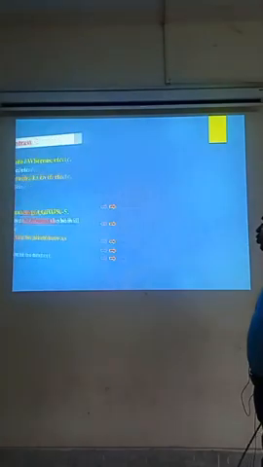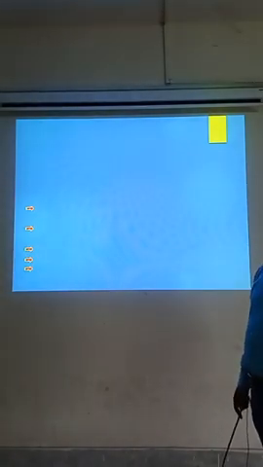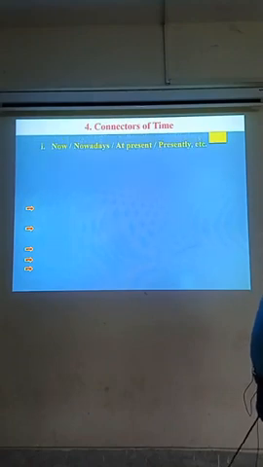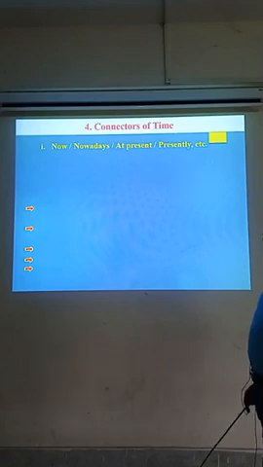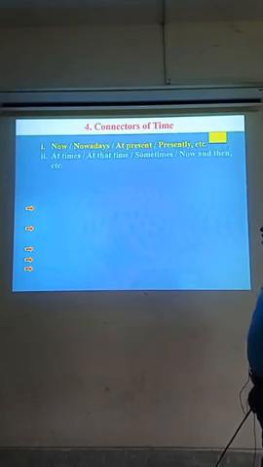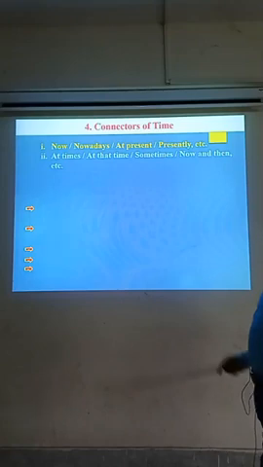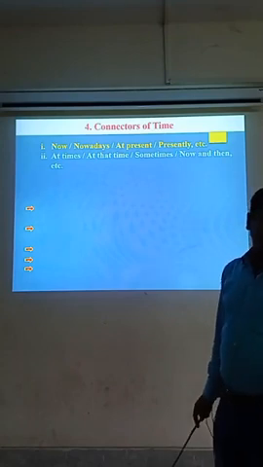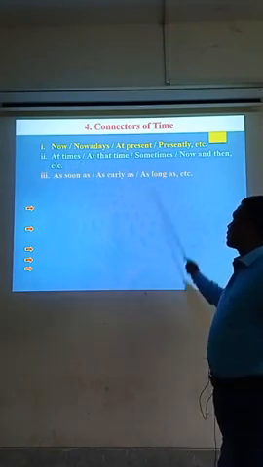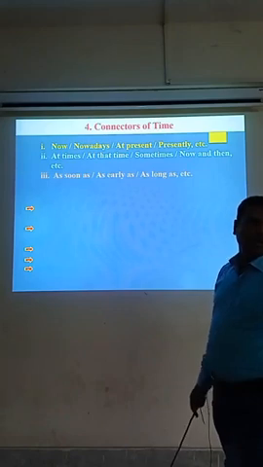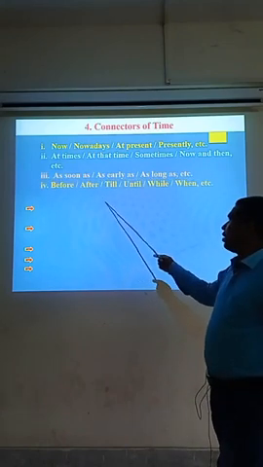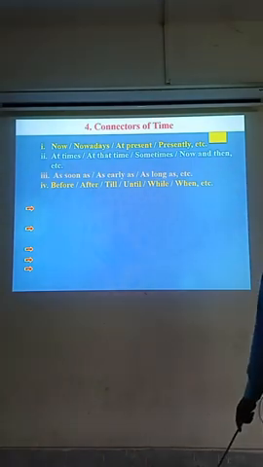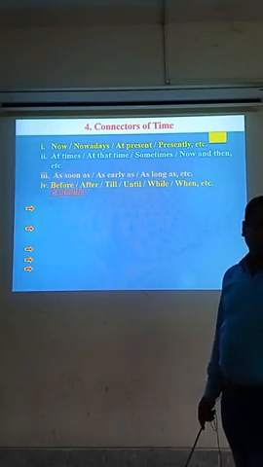And next, number 4, connectors of time. Connectors of time, you can see: now, nowadays, at present, presently, etc. Number 2: at times, sometimes, now and then, etc. Number 4: as soon as, as long as, etc. And last of all, you can see before, after, till, until, while, when, etc. This type of sentence connectors of time you will find in the topic, and the examples you can see.